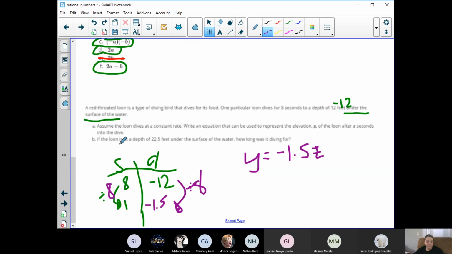If the loon is at a depth of 22.5 feet under the surface of the water, how long was it diving for? All right, so 22.5 feet under the surface, would that be a positive or a negative number?